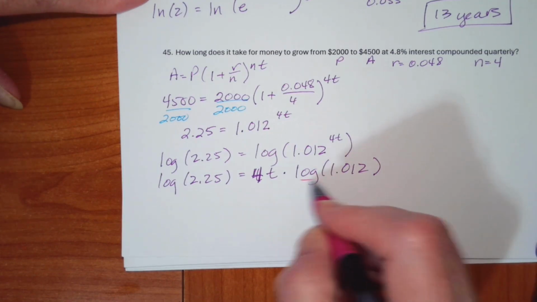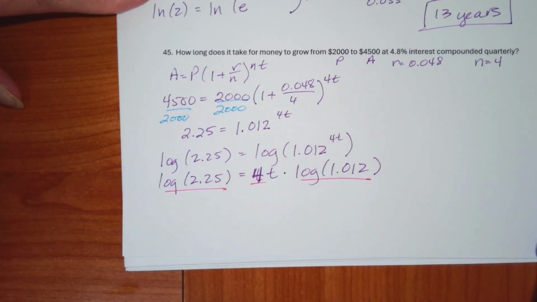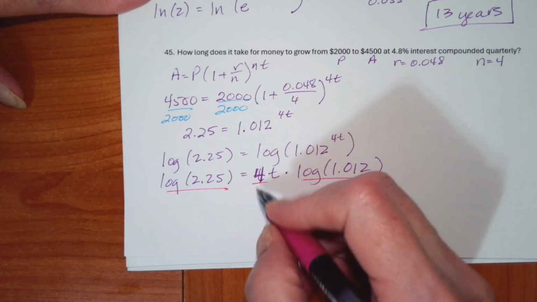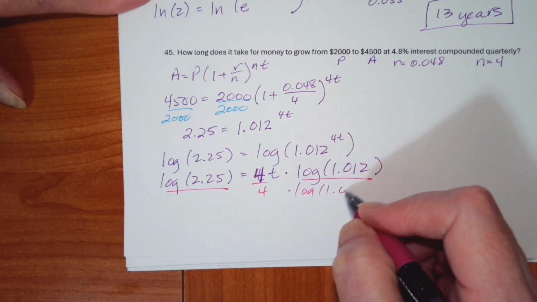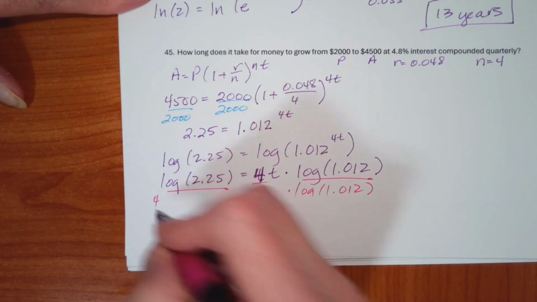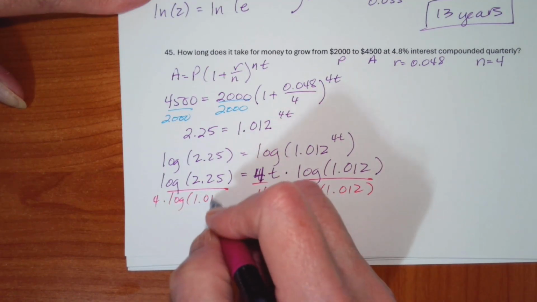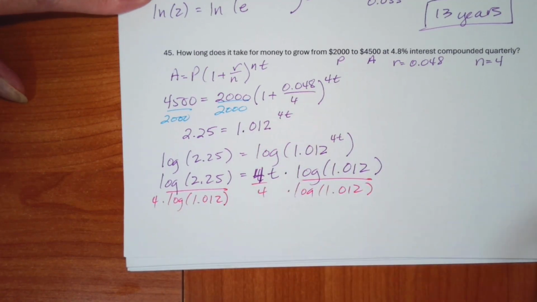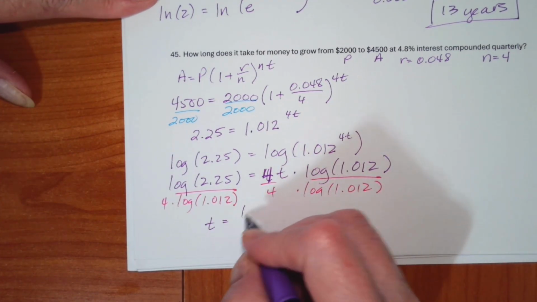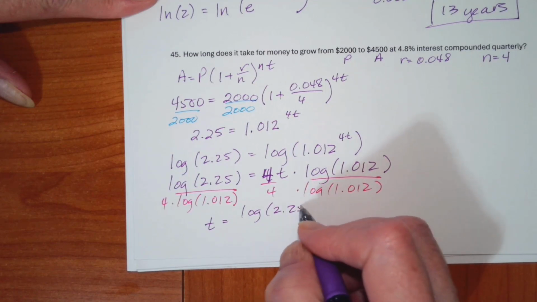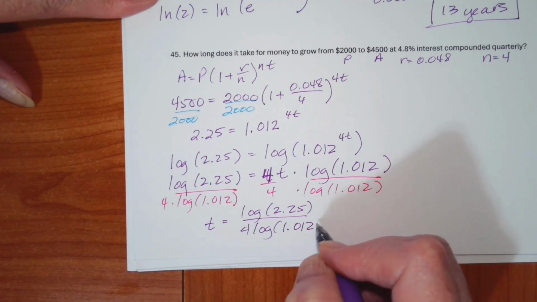So now I'll divide by 4 times the log of 1.012. Now t is equal to the log of 2.25 divided by 4 times the log of 1.012.